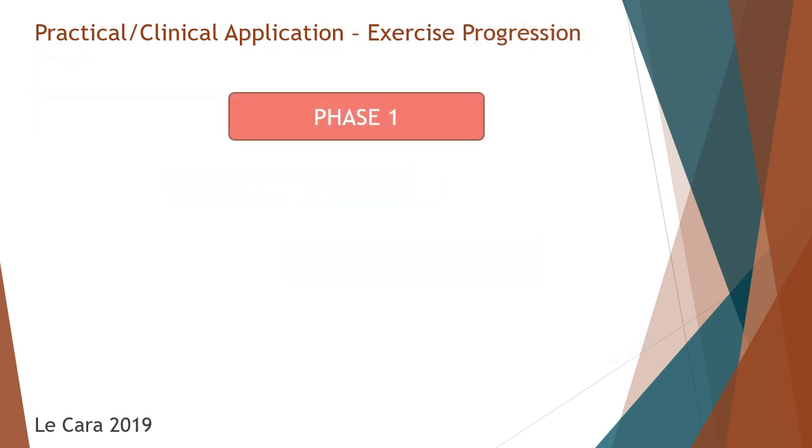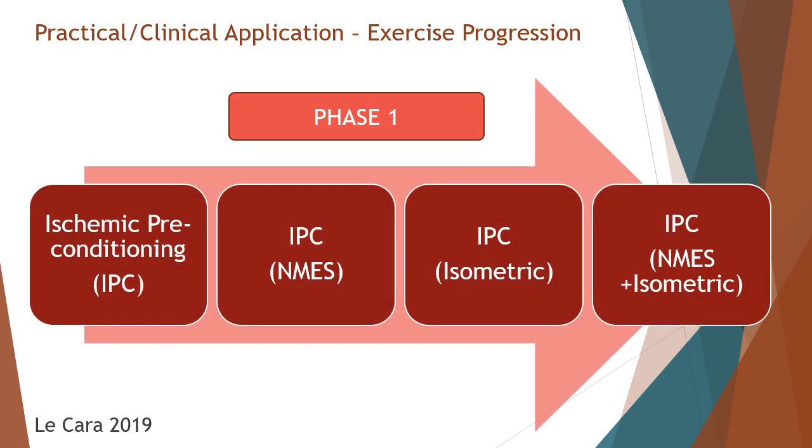So for phase 1, even though this is presented as a linear progression, certainly it doesn't need to be that way. You can certainly alternate from one day to the next which of these conditions you use, be it ischemic preconditioning passively during manual therapy, ischemic preconditioning with isometrics, or isometrics with the application of NMES. The ischemic preconditioning is an area of further and upcoming research.